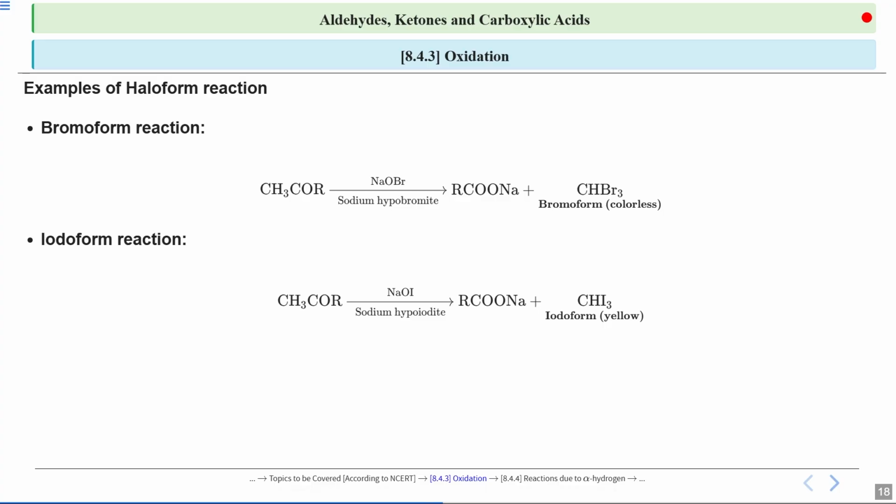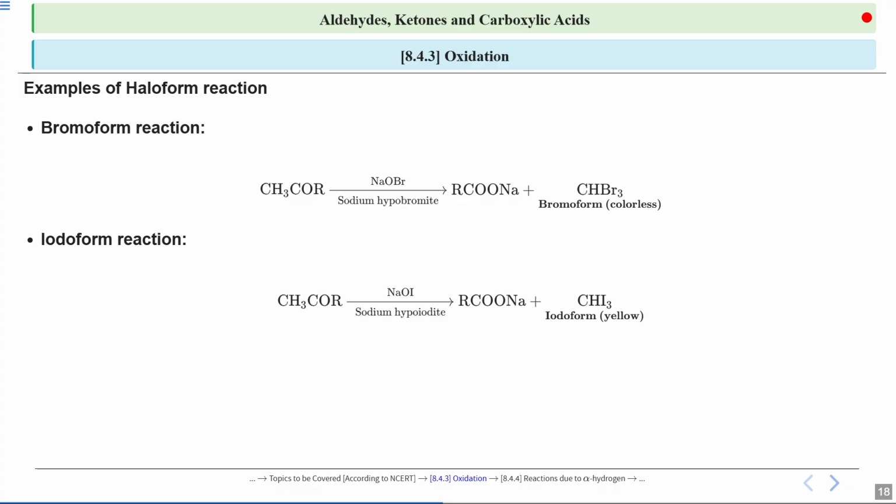Next, we have the iodoform test. In case of iodoform, you have CH3COR, which is again a methyl ketone. When you react it with sodium hypoiodite, which is NaOI, you get RCOONa and you get the iodoform, which is CHI3. Now, this iodoform is yellow in color.